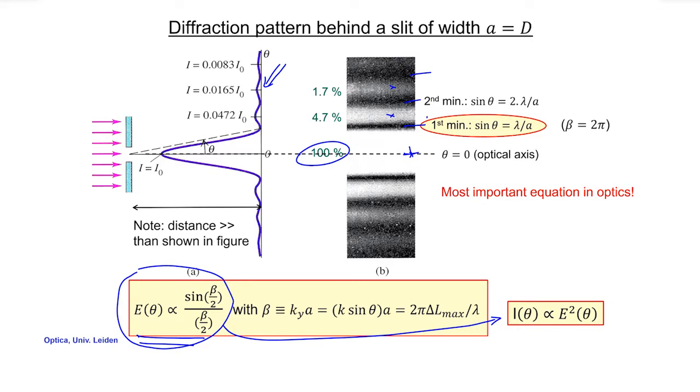And this equation, sine theta is lambda over a, applies to the angular distance between the first minimum and the central maximum.